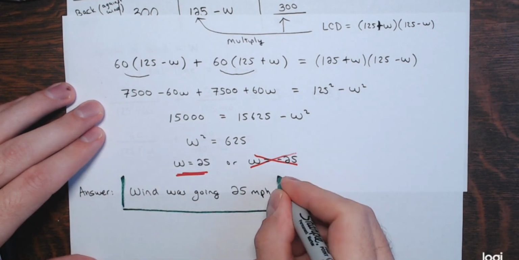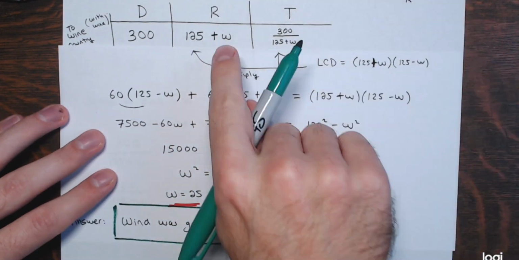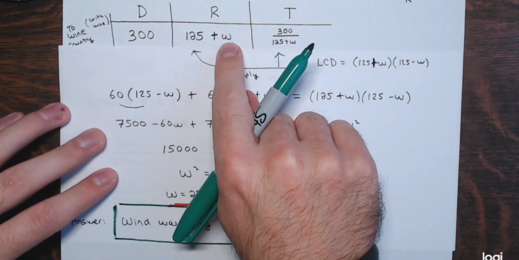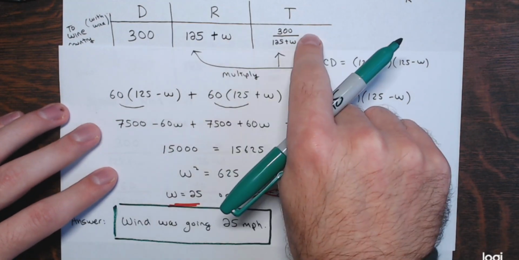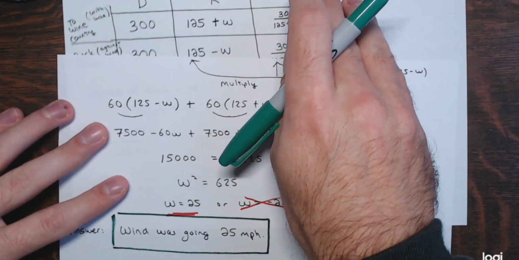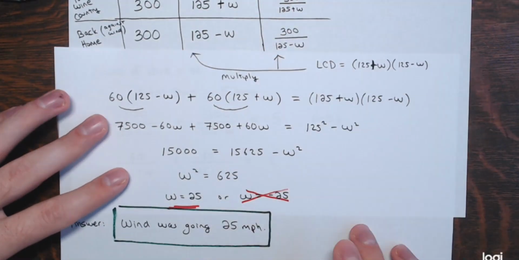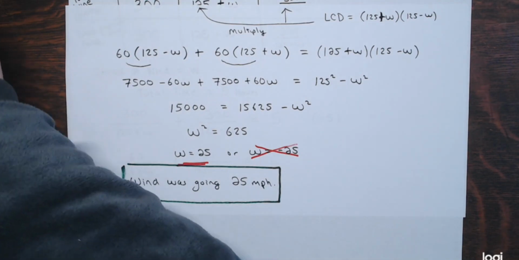If W was 25, then the speed going to the wine country would be 150 miles an hour, so that would take 2 hours, right? And then going away, it would be 100, that would take 3 hours. 2 hours plus 3 hours is 5 hours. This works. Having the wind be 25 miles an hour works with this problem, with the conditions they gave us.